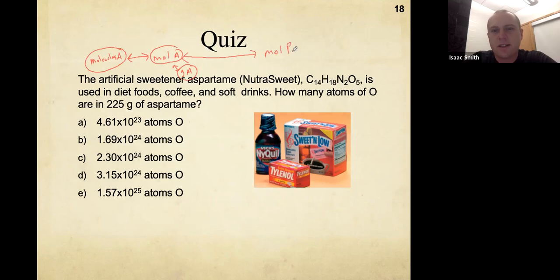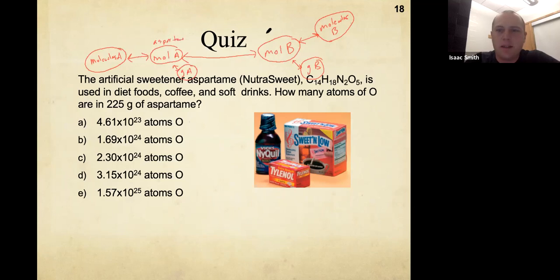Sorry, I just want to draw this out because I think it's a helpful diagram. Moles of B you can convert into grams of B. So I would write this down and have this diagram. It can be helpful. Molecules of B. All right. So we're going to call A aspartame, okay?